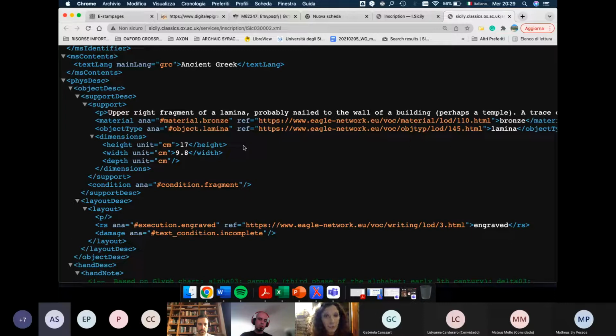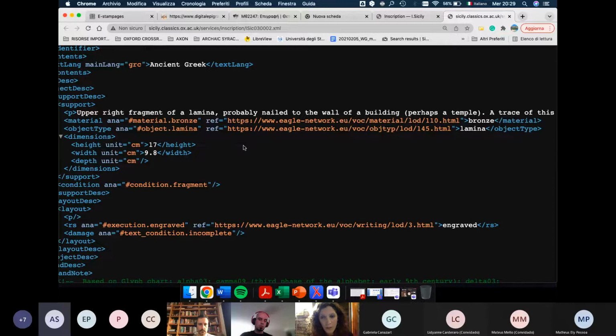But then it's very useful to link to the URI that allows you to see what I mean when I talk about lamina. So the main purpose of encoding everything, and encoding all the corpora that we inherited, is that we can create a network in which everyone all over the world can have the same lexicon, the same taxonomy, when creating an epigraphical record.